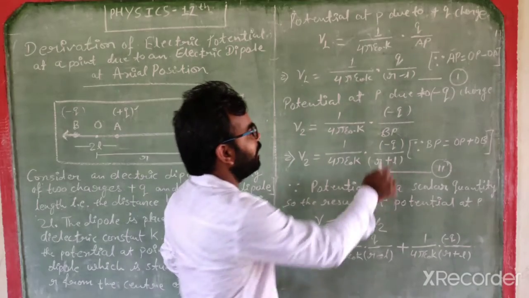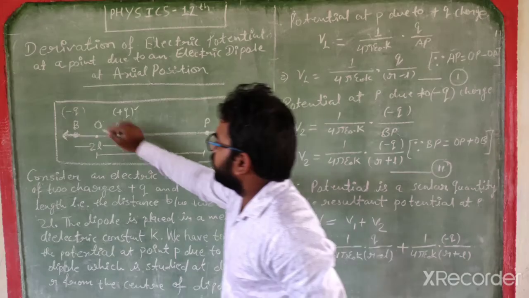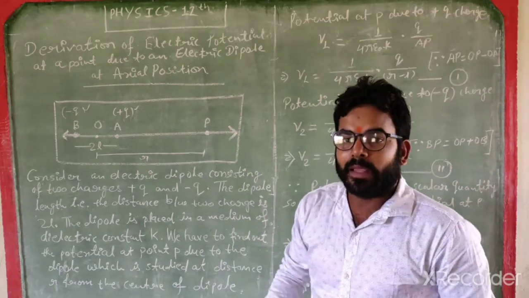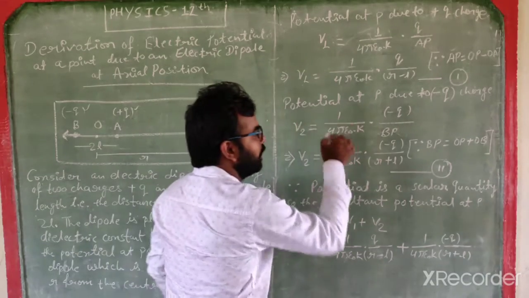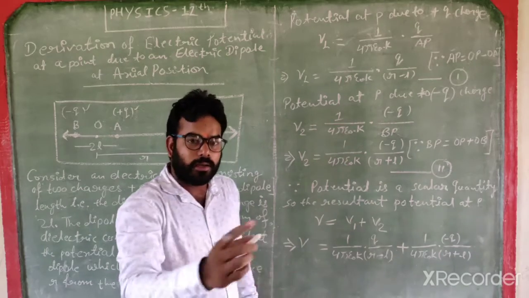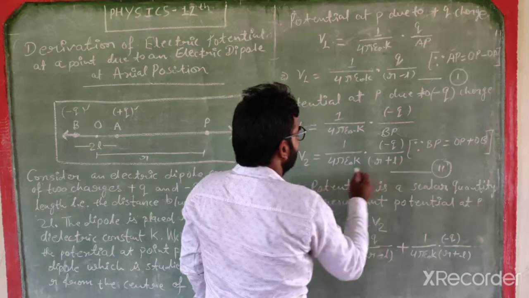Potential at P due to minus Q charge. Now, due to minus Q charge, the potential at point P is represented by V2, and V2 is equal to 1 upon 4 pi epsilon naught K into minus Q by BP. Understand?